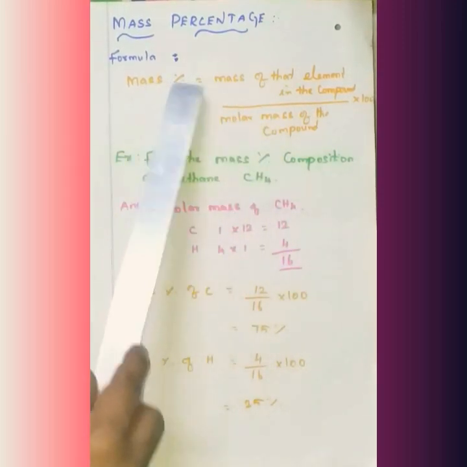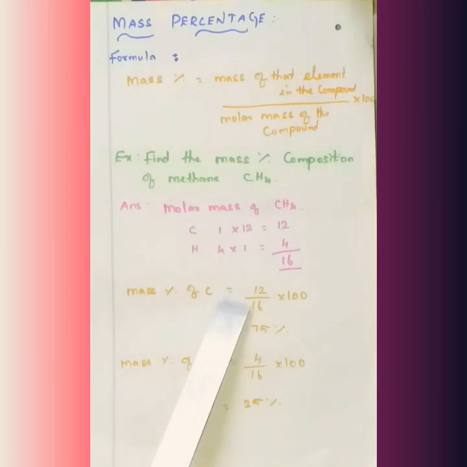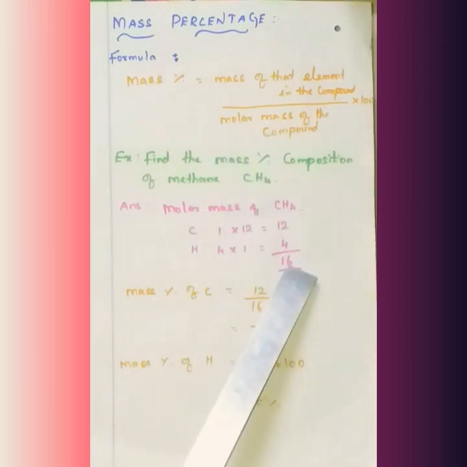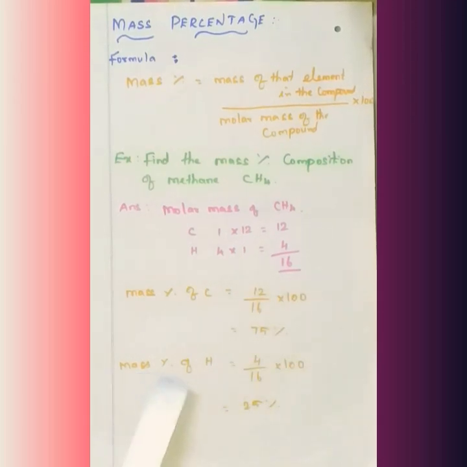Now mass percentage of carbon, because here 2 elements are present, carbon and hydrogen. So we have to find the mass percentage of carbon and of hydrogen. For carbon, it's 12, divided by molar mass 16. So 12 divided by 16 into 100. If you simplify, we get the answer 75%. Now why do we have to find mass percentage of hydrogen individually?